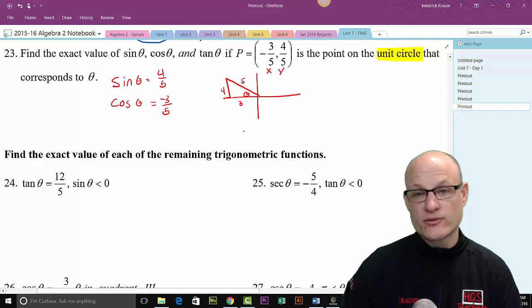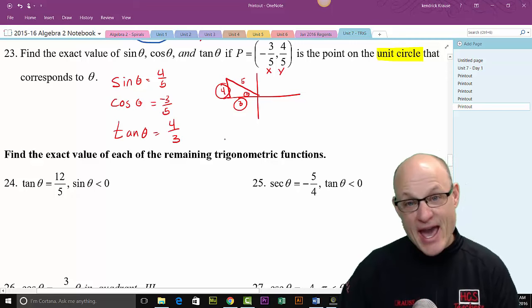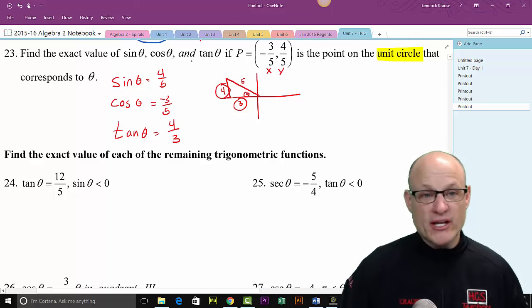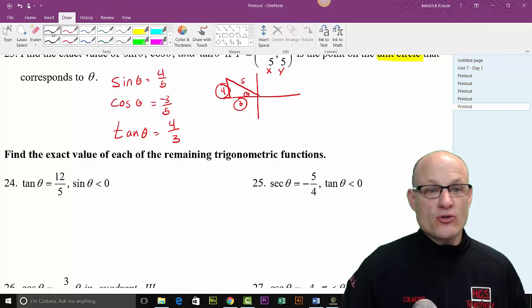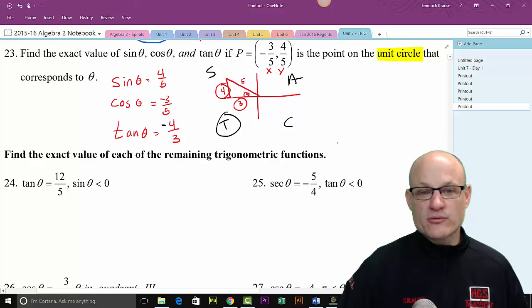So what is tangent? Well, tangent of theta is opposite over adjacent, 4/3. The last thing you have to remember to do is check your signs. All Students Take Calculus. Tangent's positive down here. So tangent must be negative.